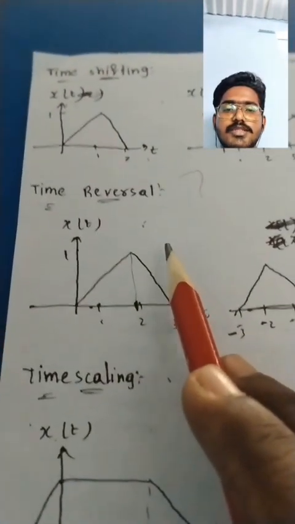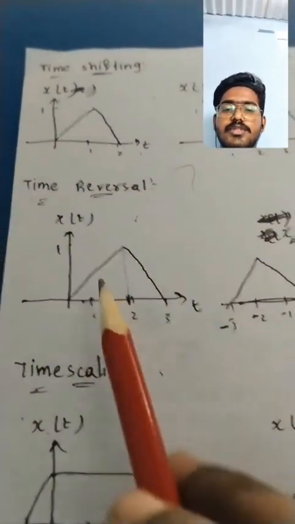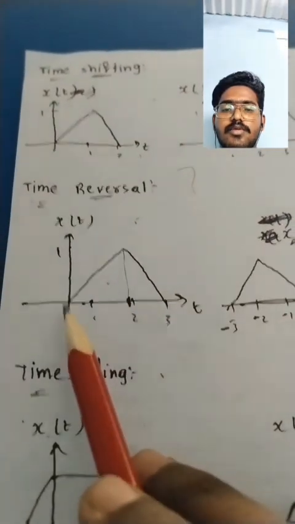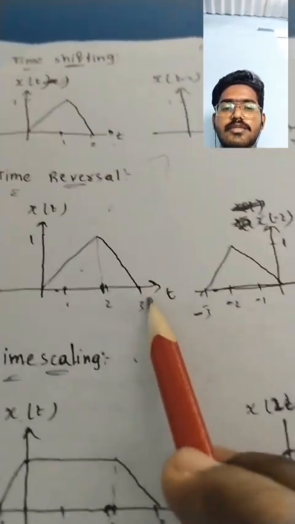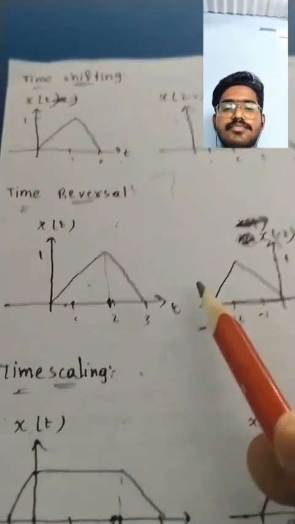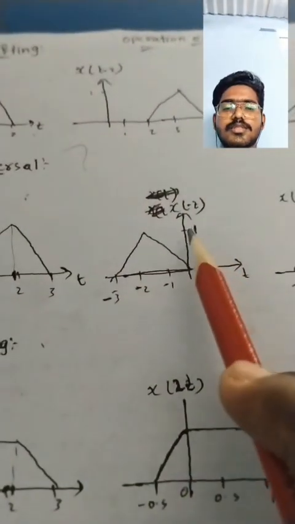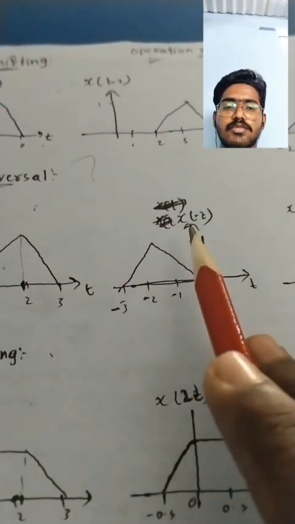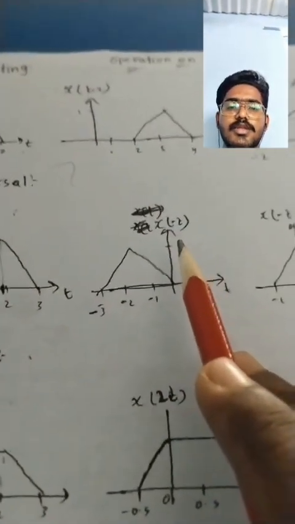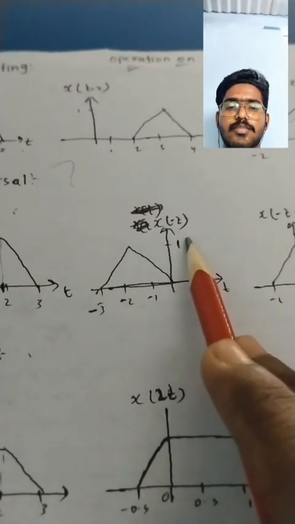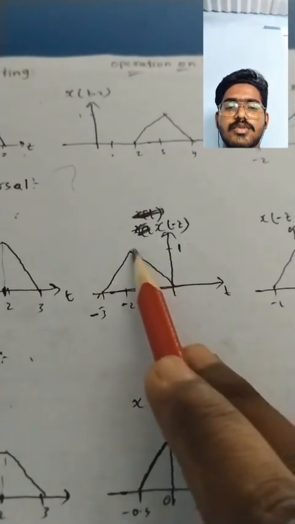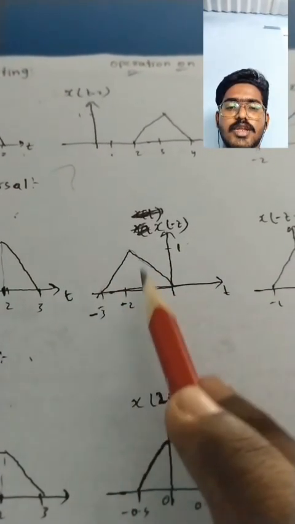the actual signal gets reversed. This is the actual signal we have, x of t. The reversed signal will be denoted as x of minus t. It will be represented like this.